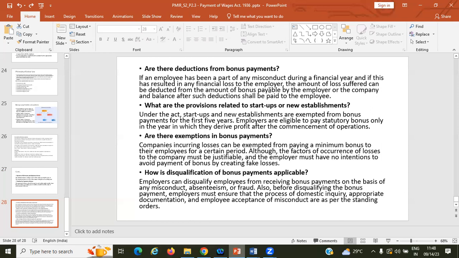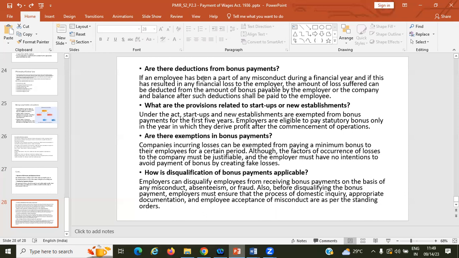In that case, when you are distributing the annual bonus, you have to consider those kind of employees who have done some misconduct or are into some punishment, some penalty.